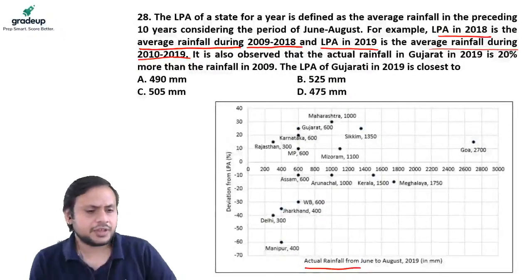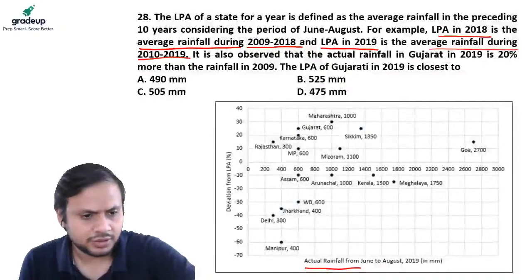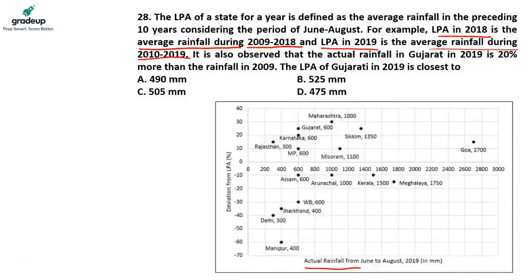Now guys, see what we can do here. Okay, I need some space. Notice one thing. Can I say deviation from LPA, that is LPA of 2018, for Gujarat, is given as 25%, isn't it?